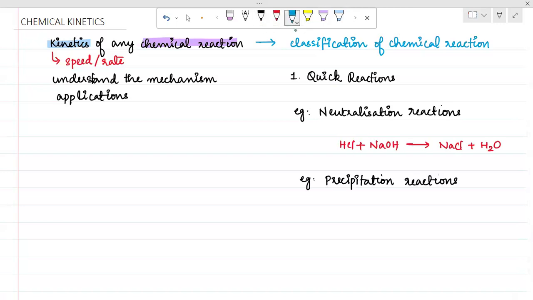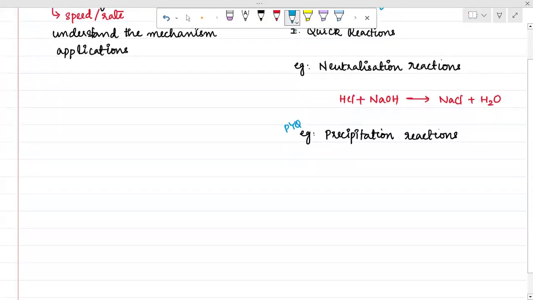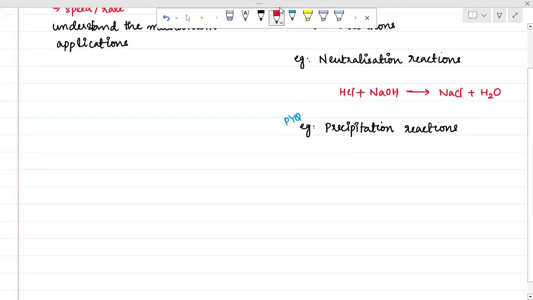Please note, this has been asked previously. I'll tell you how, but this example, what I'm going to write over here, has been asked previously. PYQ means previous year question. So another example is AgNO3. The moment you add silver nitrate to NaCl, what happens?